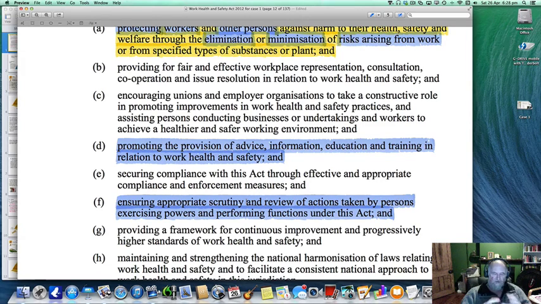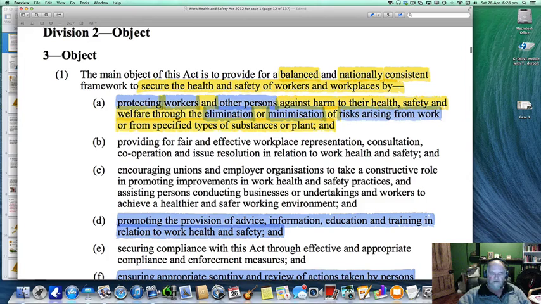Never get caught up in the small bits. Small bits are for lawyers in court, right? Big bits are for us as practitioners. We need to think of the big bits. And the big bits are this: it's protecting workers and other persons through elimination or minimisation of risks arising from work. Do you get the idea?